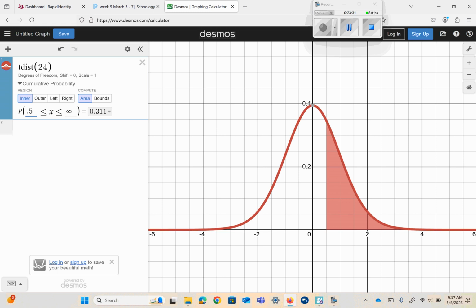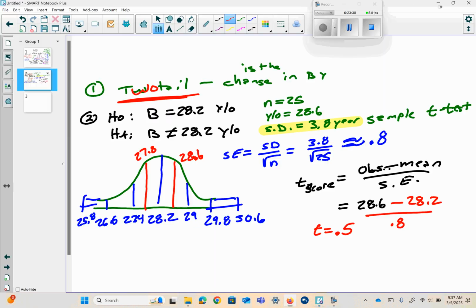So I'm going to take 0.311 and I have to double it. Agree? So 0.311 times 2, because it's two-tail. So 0.622.